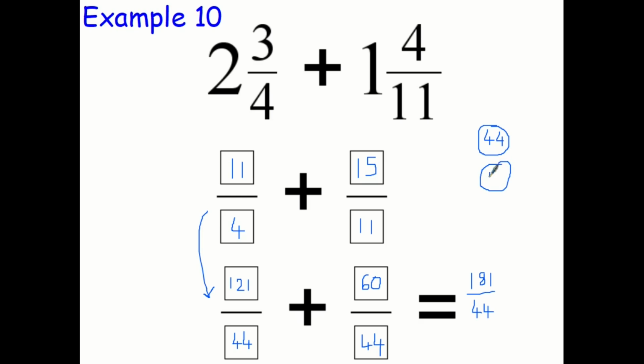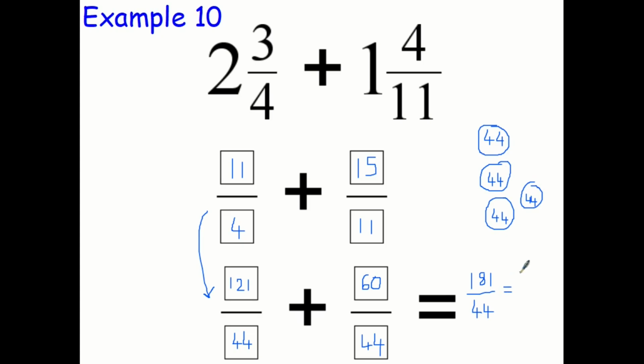So there will be 88 in 2, and another 44 makes it 132, and then we can get another one in another group of 44, takes you to 176.